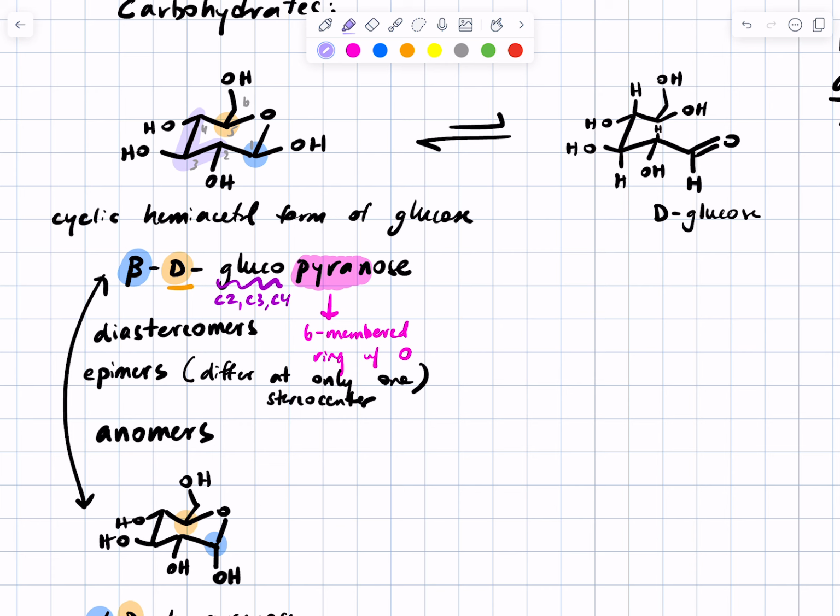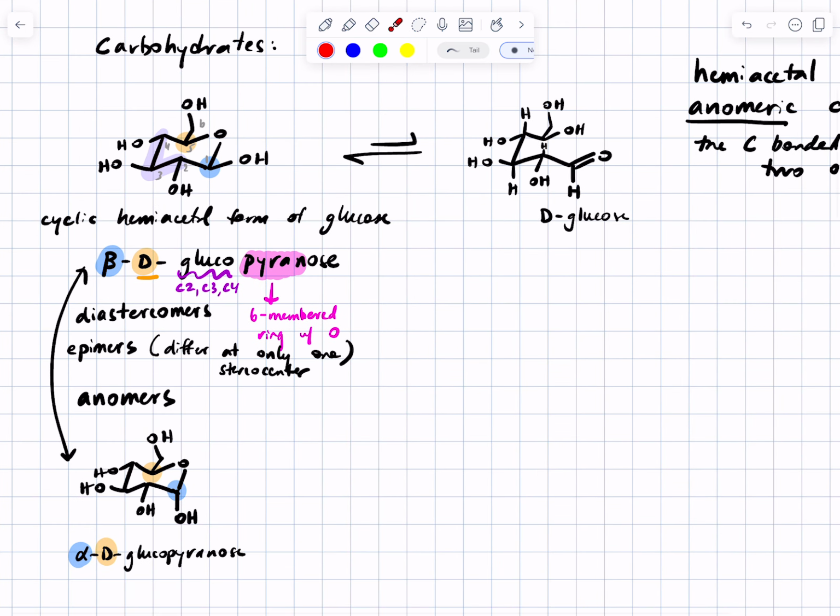I don't know why. That's just the pattern of stereocenters that we use for glucose. It's easiest to memorize carbohydrates by memorizing the structure of beta-D-glucopyranose, and then you let the name tell you what to do for all the other carbohydrates. If you draw alpha, you know I switch stereochemistry at C1, the anomeric carbon. Okay, questions about that?